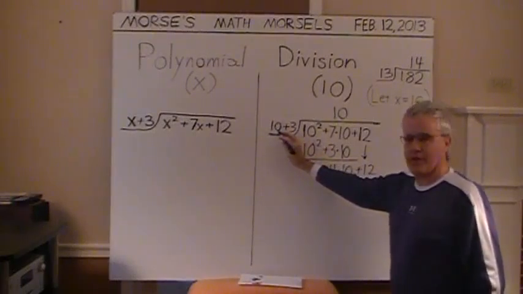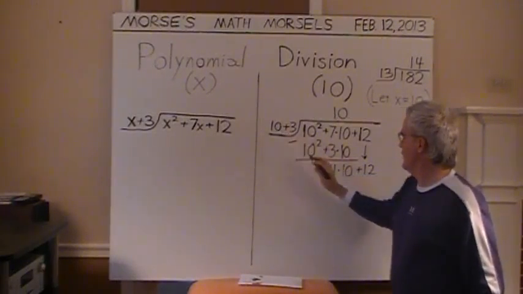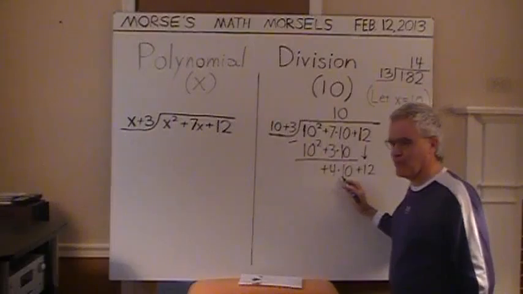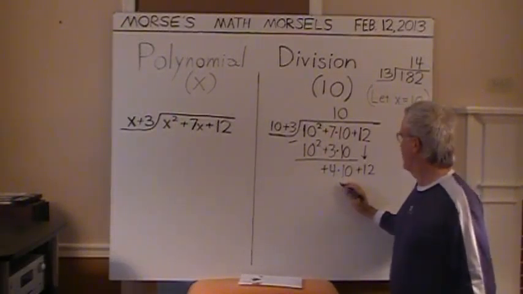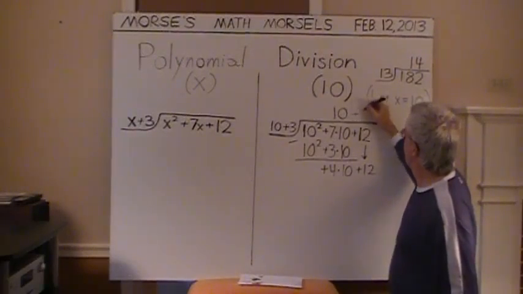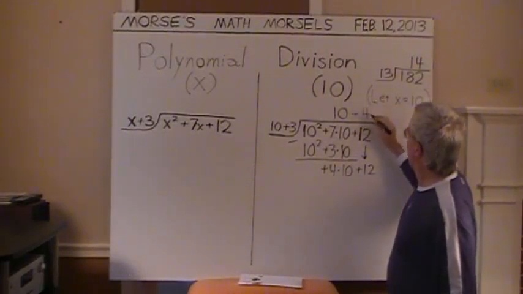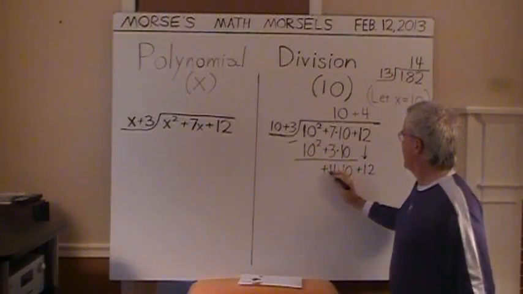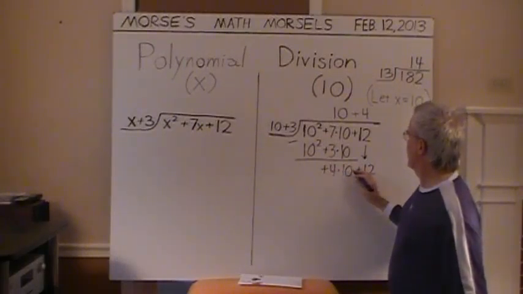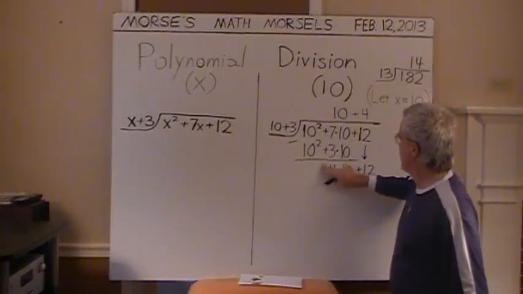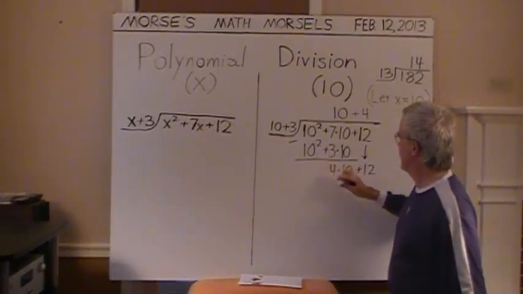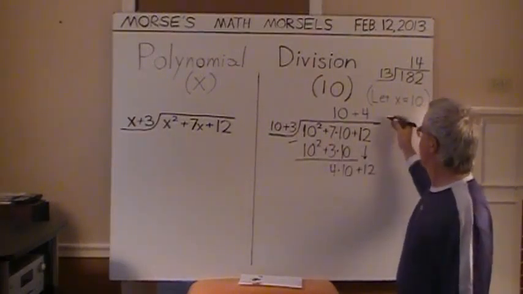Alright, next step. How many 10s do we need to multiply to get 4 times 10? How many 10s go into 40? Well, 4 of them. We need to add a plus 4 because this is a positive 4 times 10. And to make that clearer, that's not a t, this will remove that plus sign. We don't really need it because it is positive.